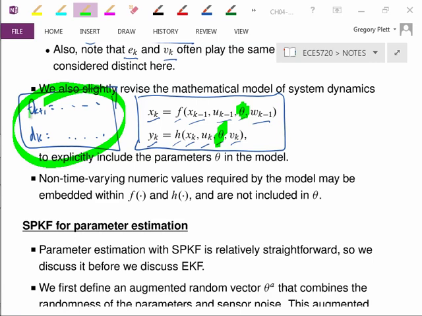I understand it's challenging at first, but once you understand SPKF, applying it to parameter estimation is just following the steps. Applying the extended Kalman filter to parameter estimation is a little more tricky though, so we're going to reserve a whole topic for discussing that in the next topic area.